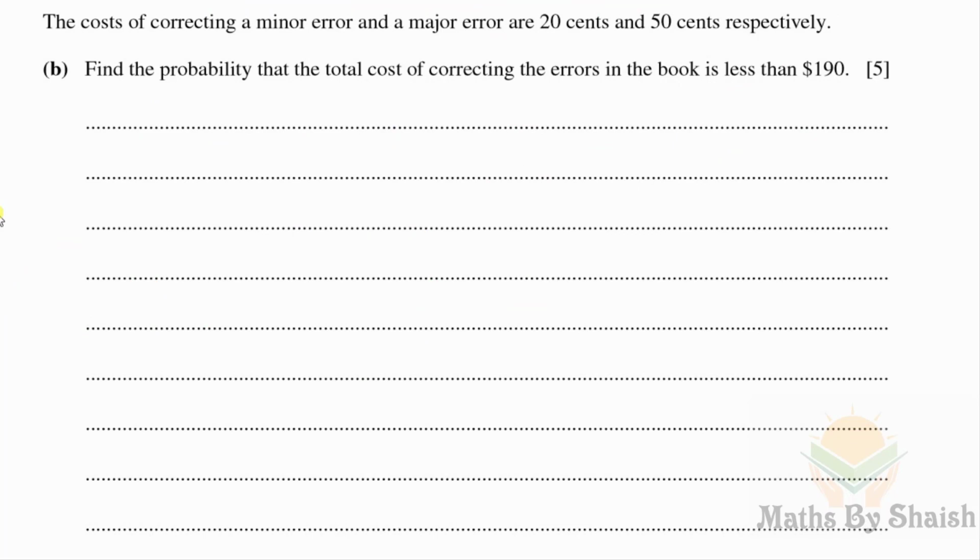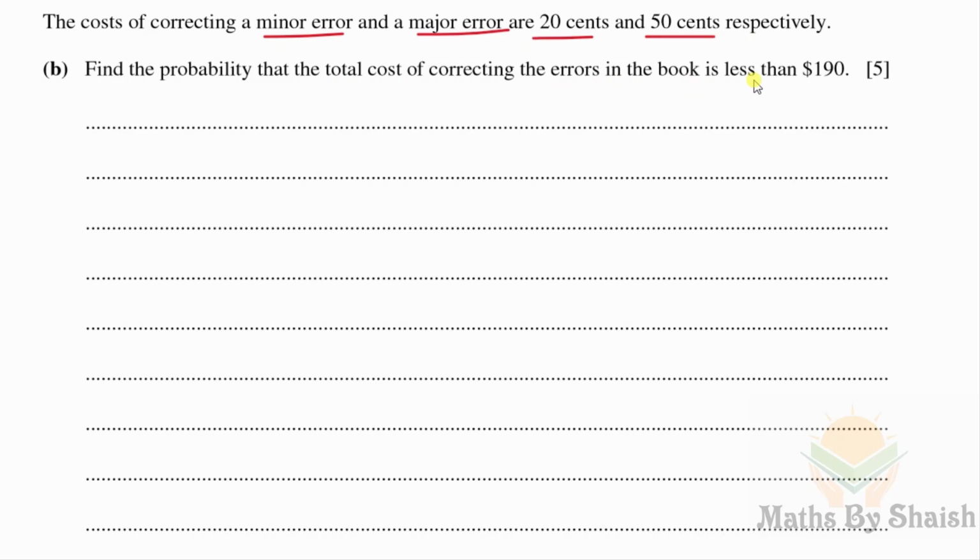Now the costs of correcting a minor error and a major error are 20 cents and 50 cents respectively. Find the probability that the total cost of correcting the errors in the book is less than $190.